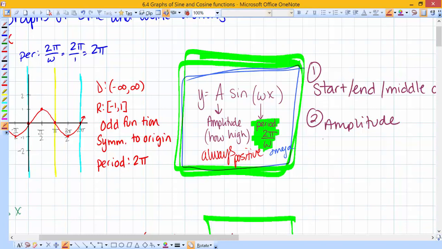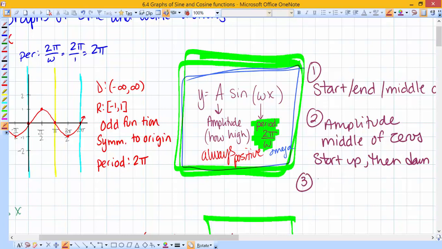And that happens in between the zeros. So it's the middle of the zeros. So you're going to start up, then down. Now, if your leading coefficient is negative, then that's when your graph would start down and then go up.